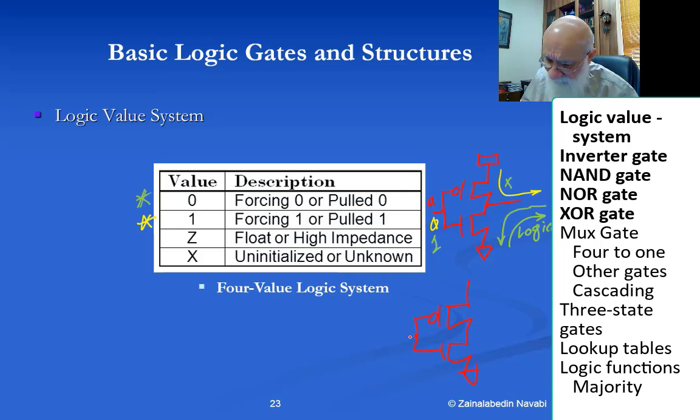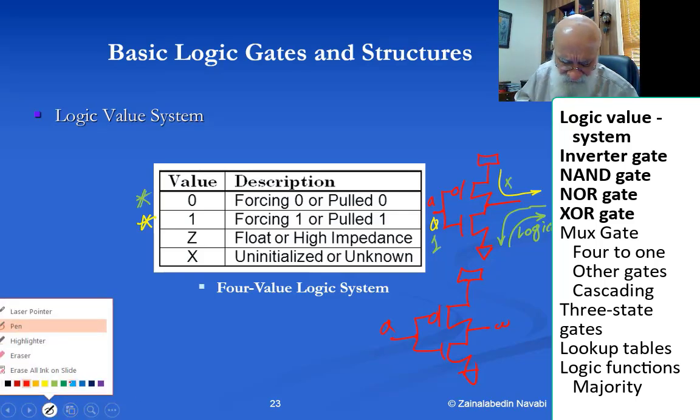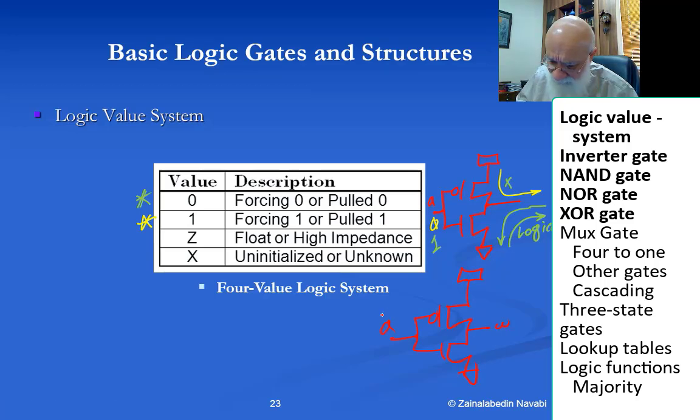This is another inverter, A input, W output, and let's say A is 0, and then later A changes to 1, so it's 0, and then it's changing to 1. When it's 0, the upper transistor is conducting, and the lower transistor is not conducting.